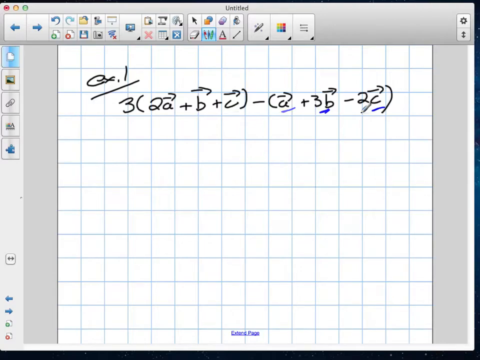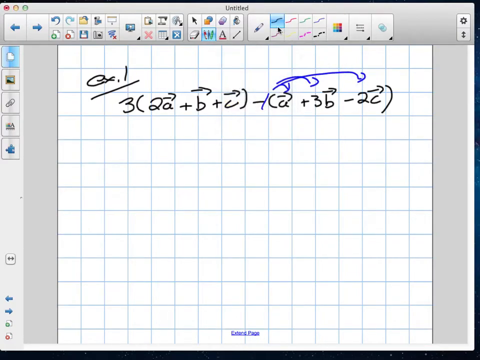So the next thing I do is I move to exponents, which we don't have any, then multiplication and division. Well, this 3 is technically multiplied by every single number in the bracket. Just like this negative, what number could I kind of say is there, or assume to be there? 1. We could assume there's a negative 1, needs to be multiplied by each of the terms inside this bracket also.